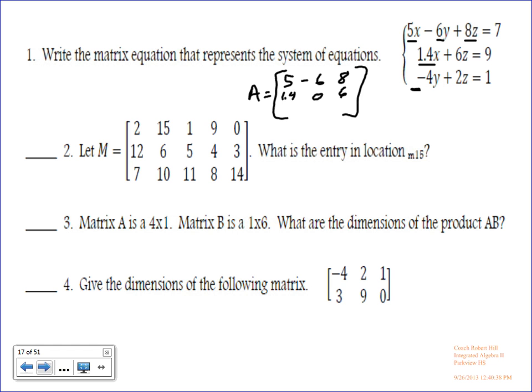There's no x term, so you got to put a 0. There's a y term, minus 4y and 2z. So all of these are my x coefficients. These are all my y coefficients. These are all my z coefficients. That's matrix A. Now matrix B is the answers, 7, 9, and 1.